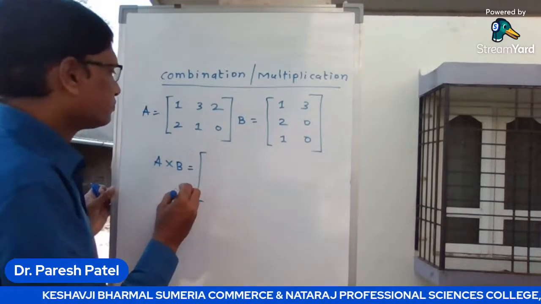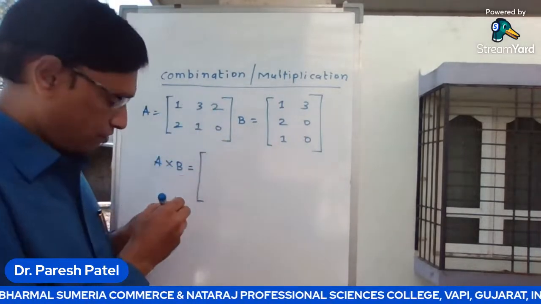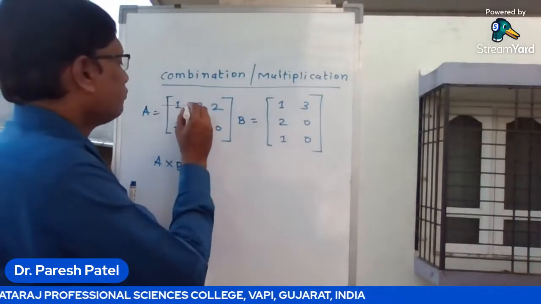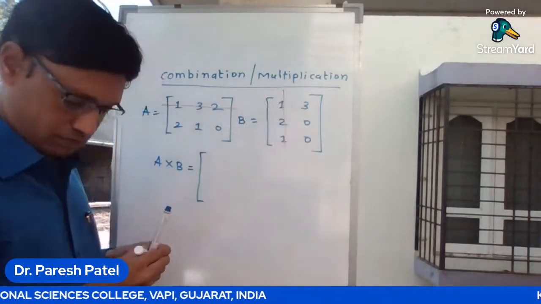we have to go for the first row and first column.